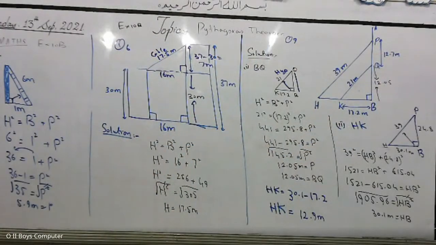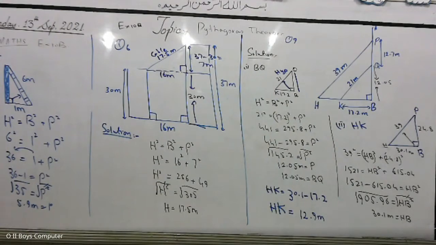Two spotlights P and Q are mounted on a vertical pole AB. Light beams from P and Q shine to 2 points on the ground, H and K respectively. Given that PQ is 12.7 meters, KB is 7.2 meters, PH is 39 meters, and QK is 21 meters.